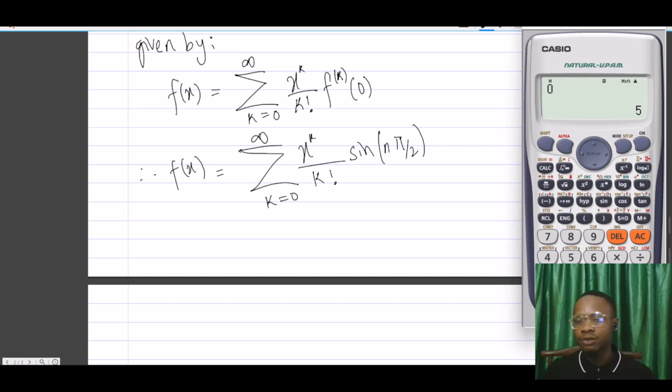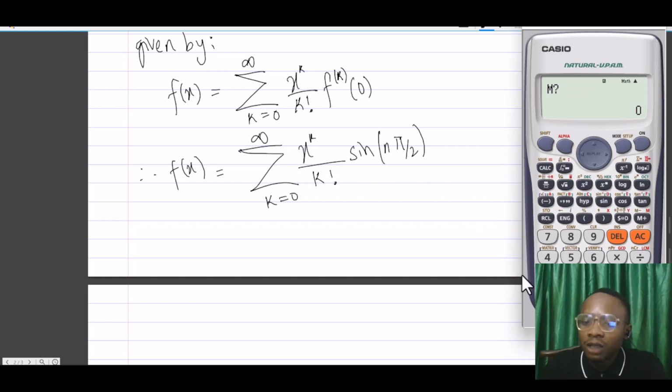When m is 0, sine 0 is 0. That means when k is equal to 0, there will be no term at all, because everything will become zero when we multiply by zero. All right, so we go to the next term.